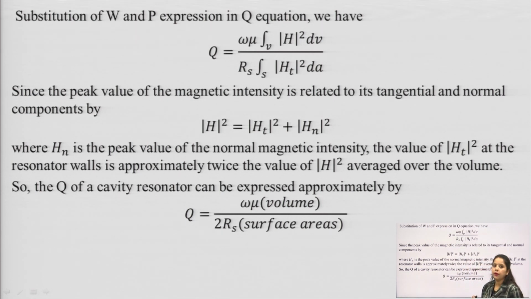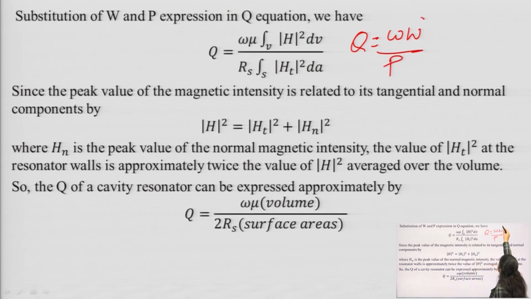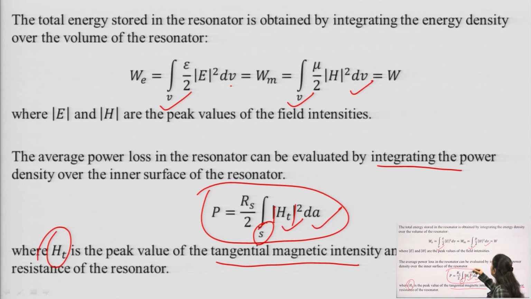Now what are we going to do? We have the quality factor, omega W by P. We have calculated the value of energy stored, and I am just writing it here in terms of the magnetic field. We have obtained the energy stored both in terms of the electric field and the magnetic field.